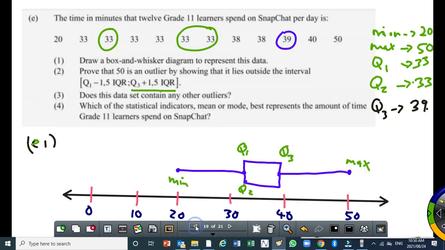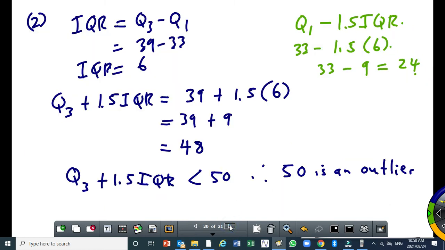Right. Then the next question, and these are bread and butter questions which you are supposed to get right. Number 3 says, does this data set contain any other outliers? Now we're going to answer the question that we just asked. For part 3, we'll just say Q1 minus 1,5 IQR.